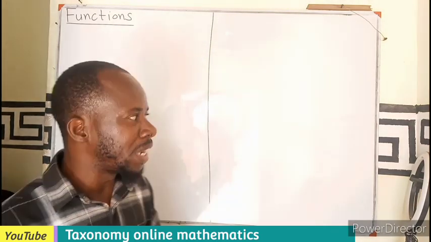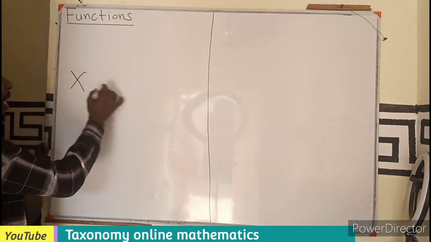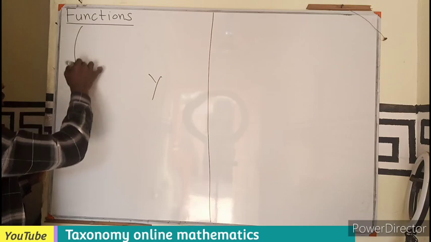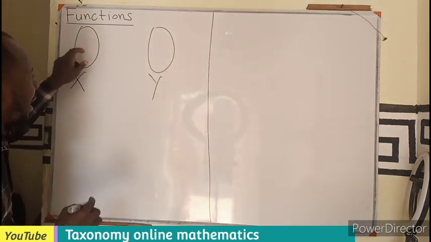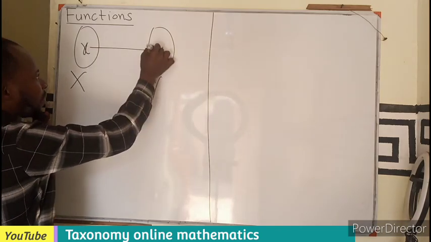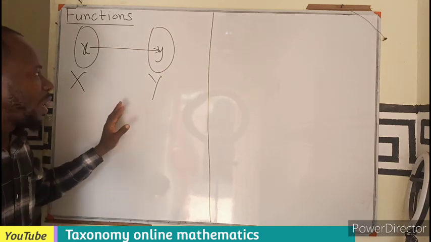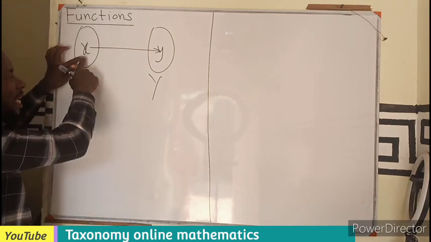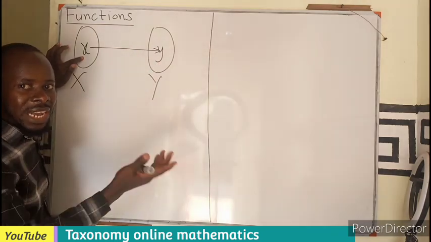So if we consider two sets, set X and set Y, normally we use circles to indicate them. If we place an element X and an element Y, this relation is what we are calling a function, whereby an element in the first set has only one relation in the second set.